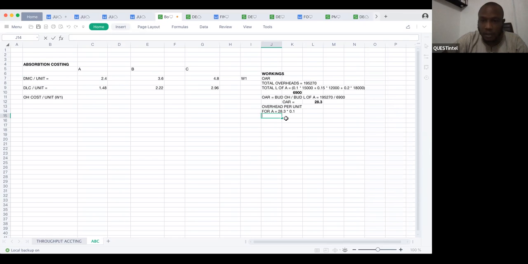Then for B, it will still be the same 28.3 multiplied by 0.15. And for C, it will be 28.3 multiplied by 0.2.